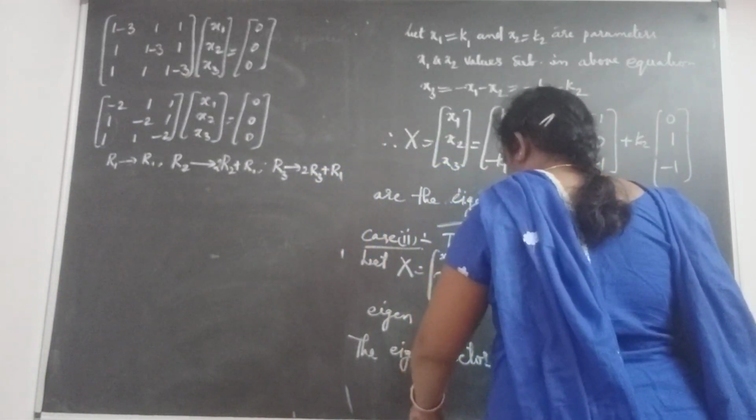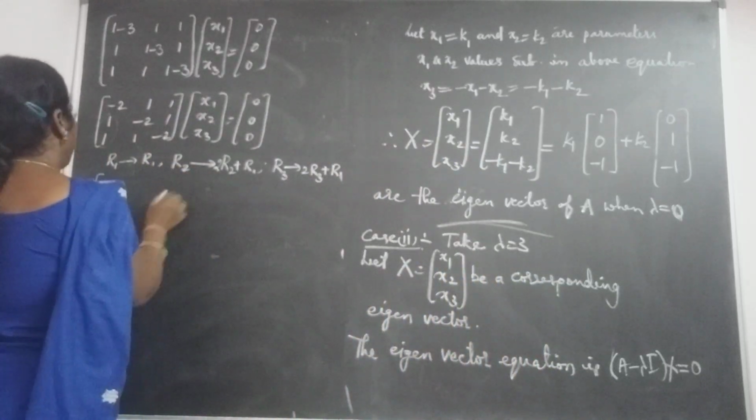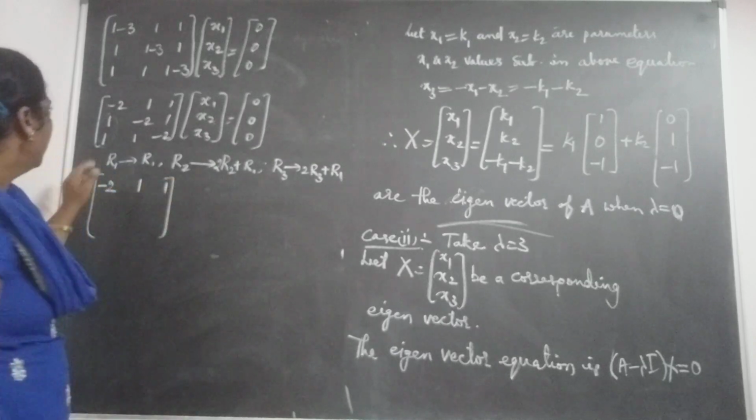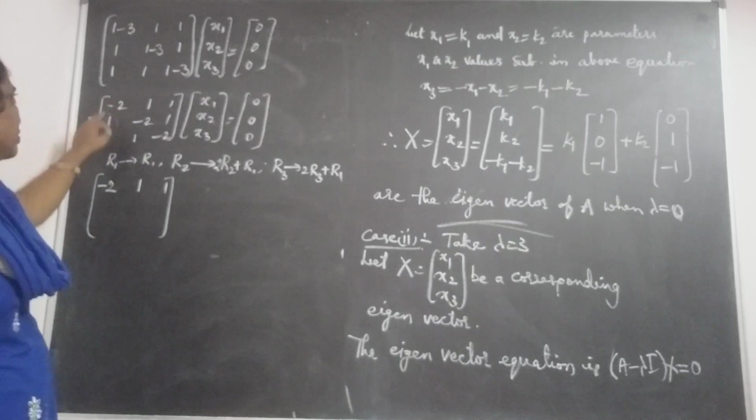Okay. The matrix has the first row as it is, minus 2, 1, 1. The second row is multiplied with 2 and added to the first row.